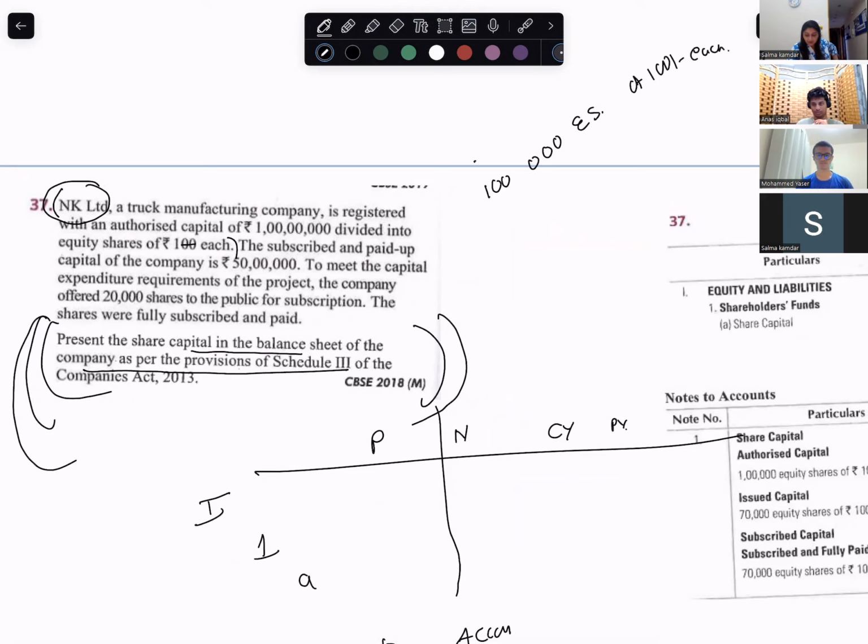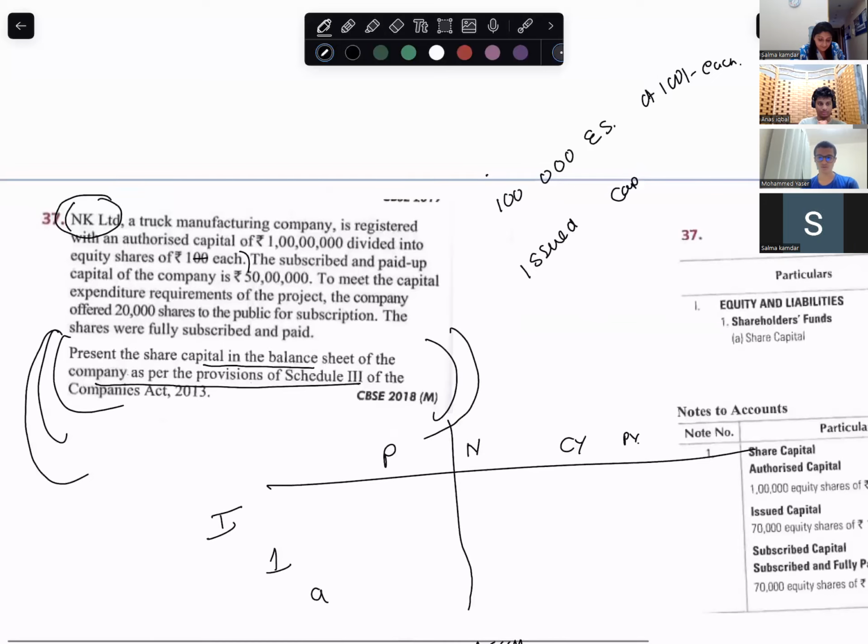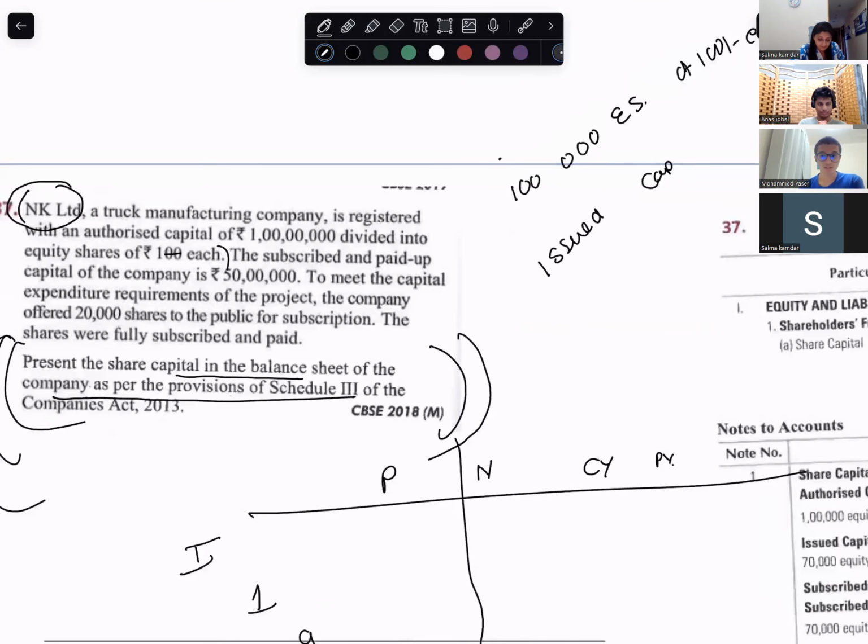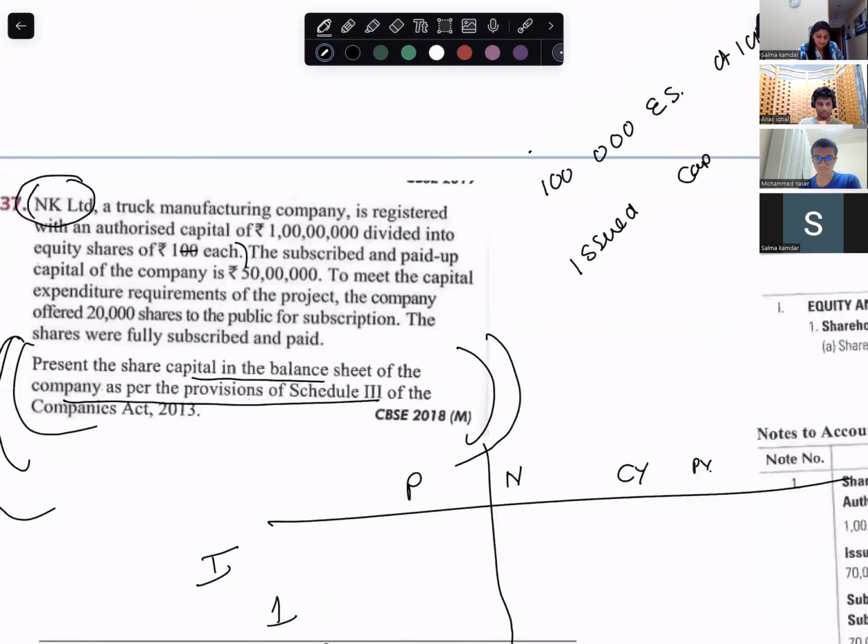What is issued capital? Issued capital is 70,000 equity shares. Can one person speak? How much is issued capital? Issued capital is 70,000. How did you get 70,000?